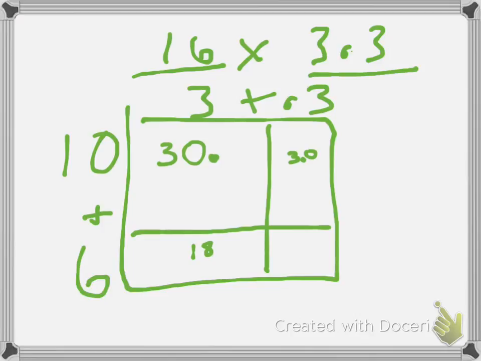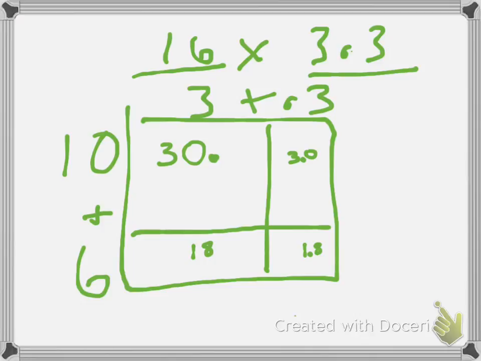Then you move on to this side and do the same thing: 3/10 times 6 is 18, and if you remember, you move the decimal one place to the left. So the four numbers you should have are 30, 3, 18, and 1 and 8/10.